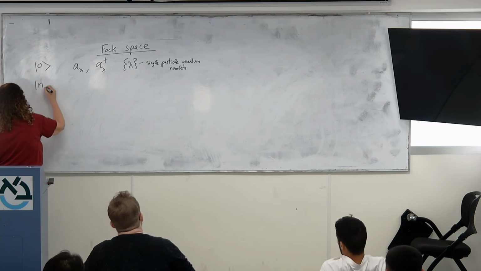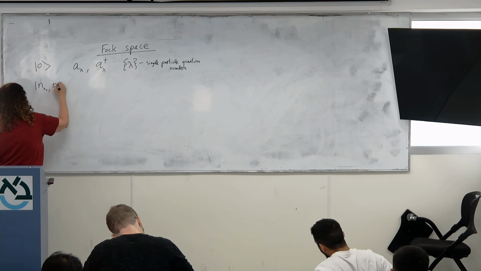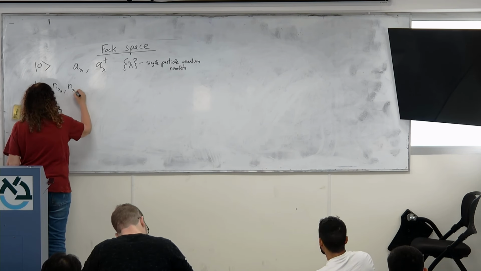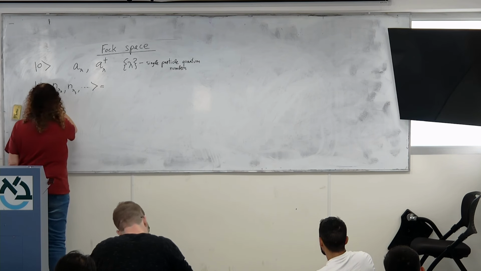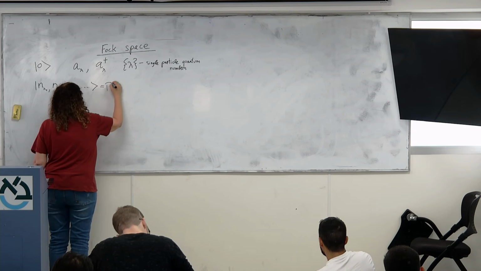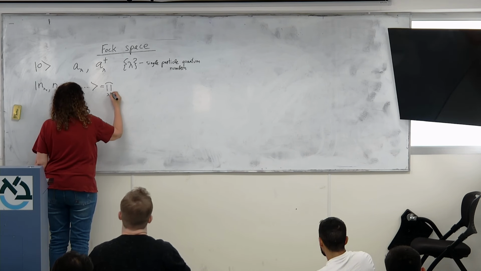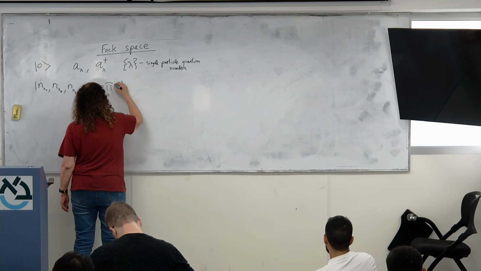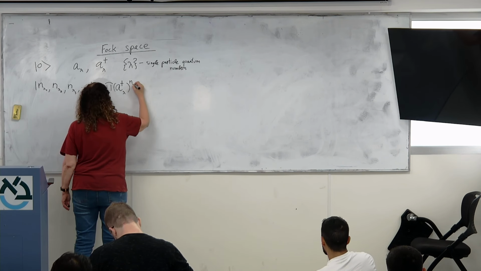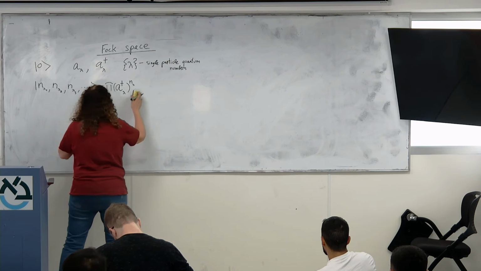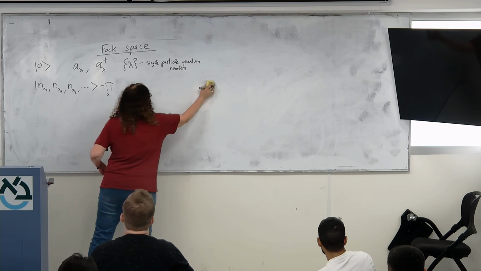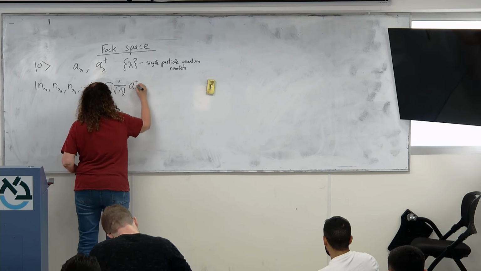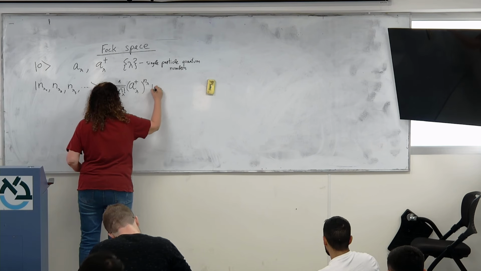We saw that we can characterize any quantum state that has a well-defined number of particles by a set of occupations, where the meaning of this expression is that you apply some product over lambdas of A dagger lambda to the power n lambda, and sorry, there is a normalization factor here, 1 over square root n lambda factorial, A dagger lambda to the power n lambda acting on the vacuum.